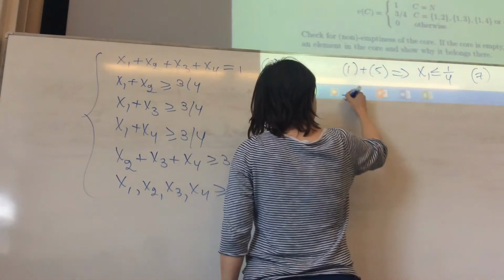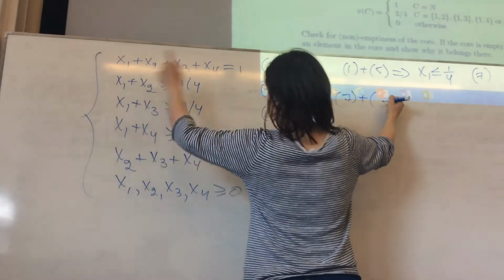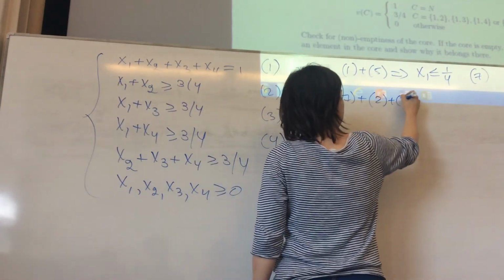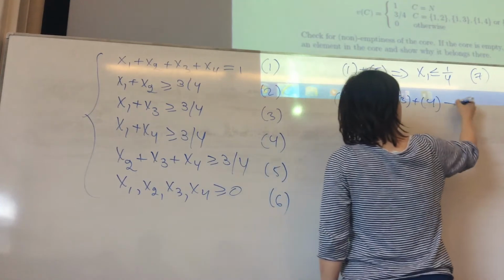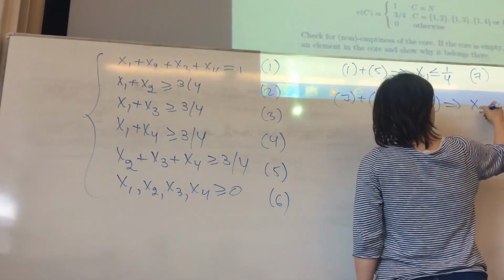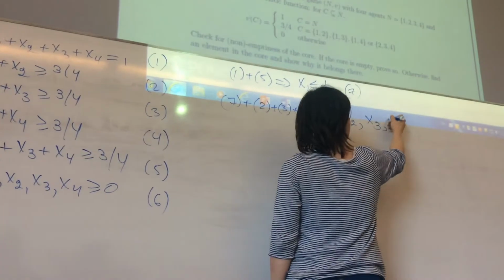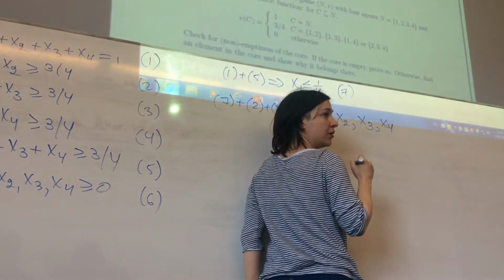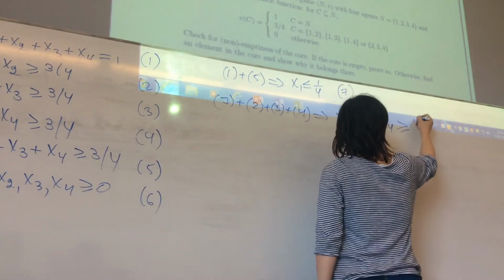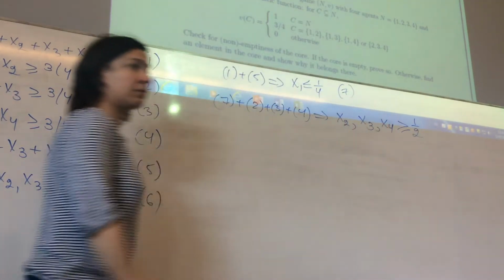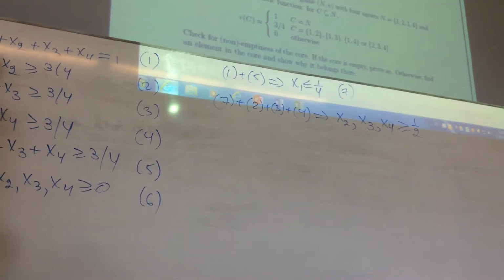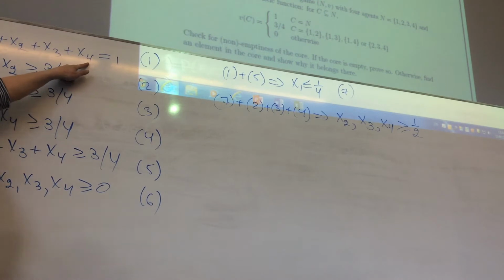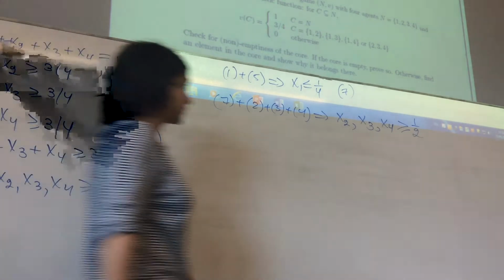Now from 7 and 2, 3, 4, I know that x2 and also x3 and also x4, each one of them is greater than half. But the sum of all 4 is 1. So greater than 1/2, greater than 1/2, greater than 1/2. This one is non-negative. Contradiction.